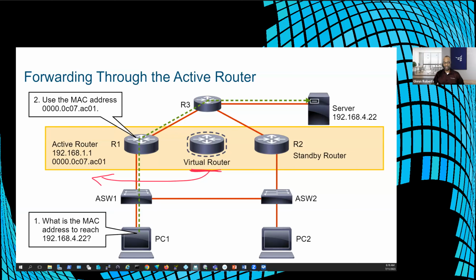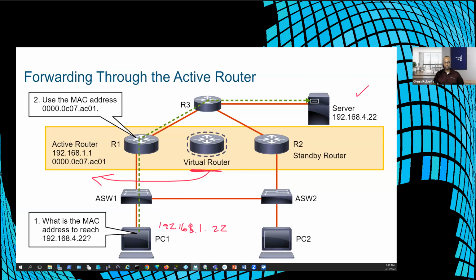So as the client needs to get to whatever destination they need, in this case, 4.22, you know the drill, just like I do. Let's just say this is 192.168.1.22. Let's just make it 122 just for grins. You see it right here. Host 1 needs to talk to 4.22.